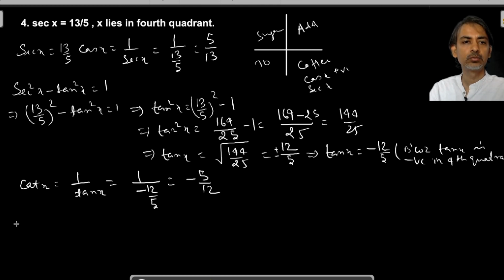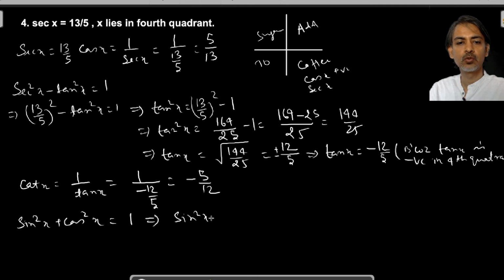Coming to sin x, so sin square x plus cos square x equals 1. This implies sin square x equals 1 minus cos square x. It will be 1 minus 5 by 13 whole square from here.